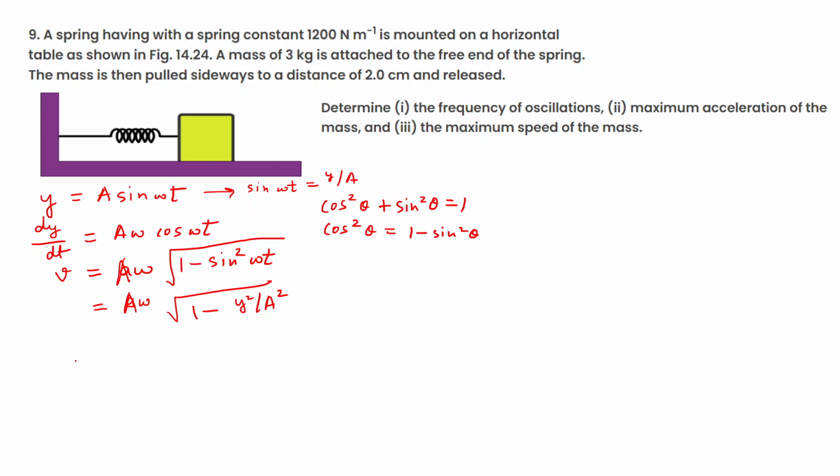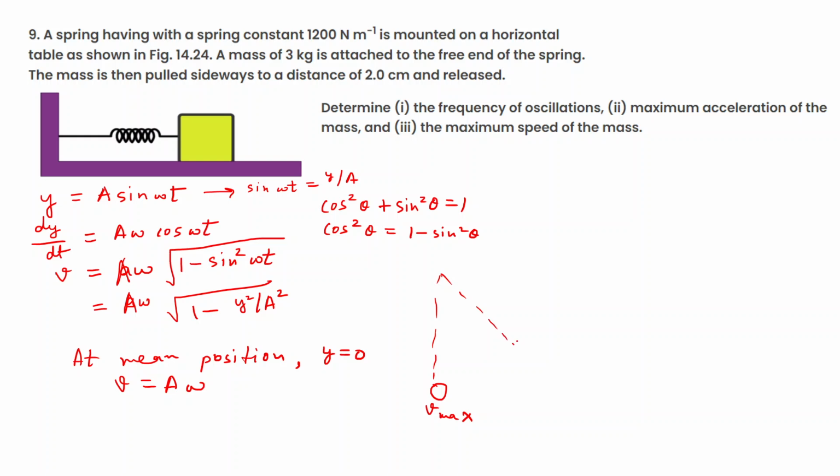So we know at mean position displacement is 0, which means velocity is a omega, and we know that at mean position the velocity is maximum.